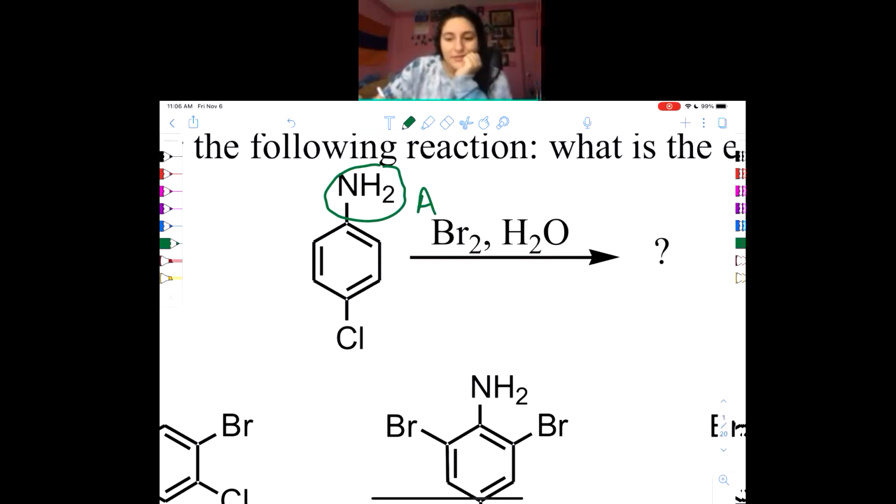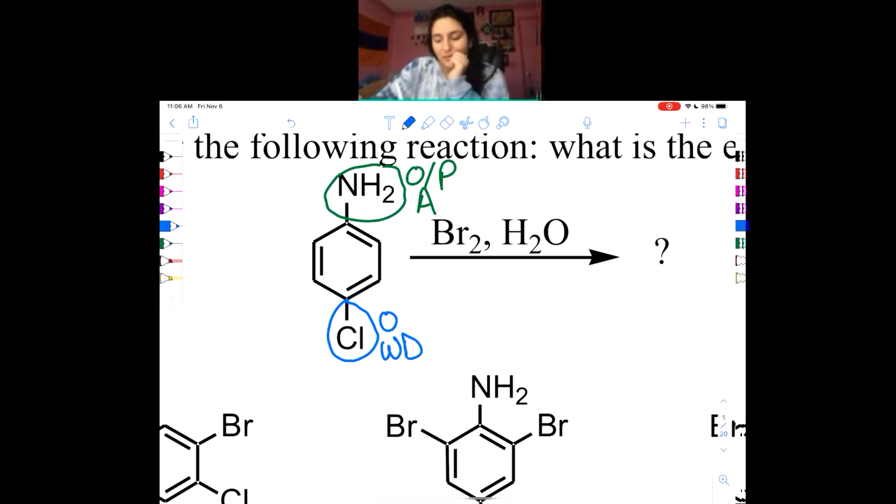So where does it direct? Ortho-para. Okay. And then for chlorine, what do we think chlorine is? It's a weak deactivator, and it is ortho-para, exactly.